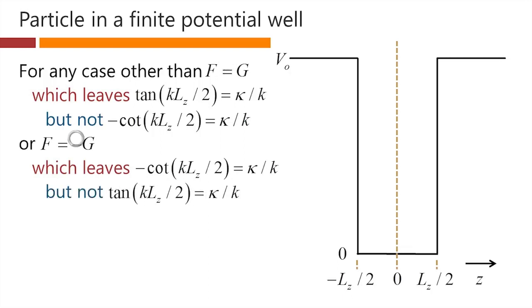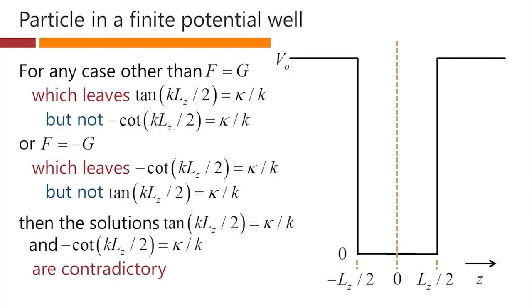For any case other than these two, we would appear to have both of these relations trying to apply, but that can't work because the tangent of this is never equal to the cotangent of this. And so these two would contradict one another. So the conclusion is that the only possibilities are that f is equal to g or that f is equal to minus g.